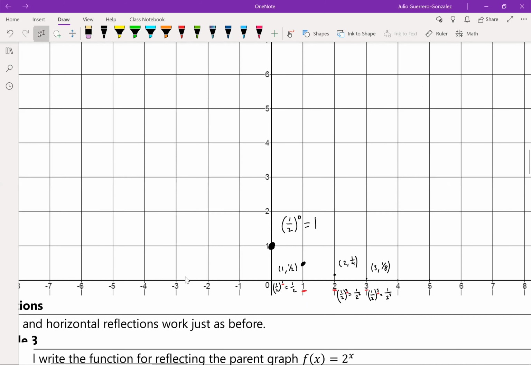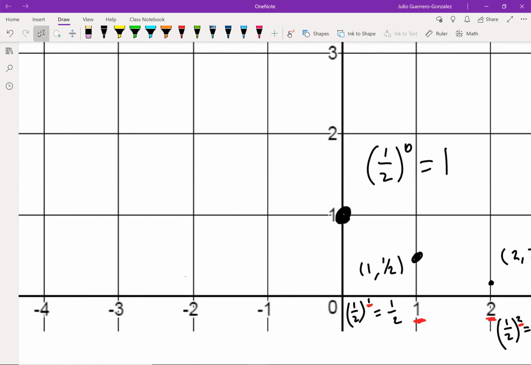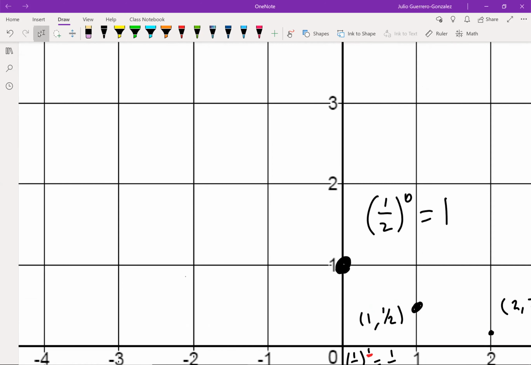Okay. This one on the other end, though, is nice and wild. The next point will be this point right here. So this is going to be -1, 2.